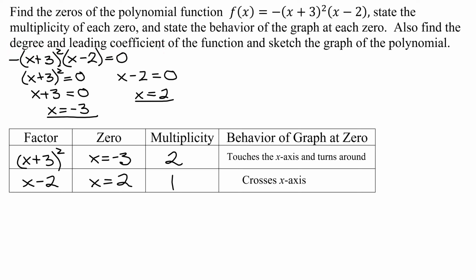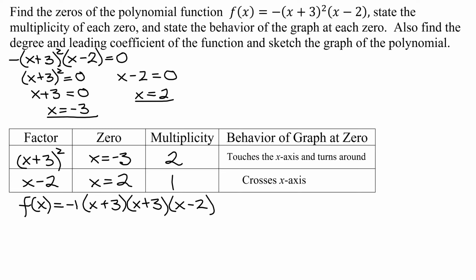That would be very easy if my polynomial had been given in standard form, but it was given in factored form. So I'm just going to rewrite my polynomial f of x to equal negative 1 times, instead of this, I'm going to write it in expanded form. I'm going to write x plus 3 times x plus 3 times my last factor of x minus 2.